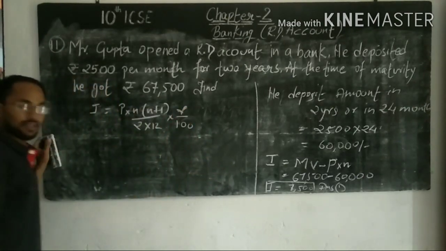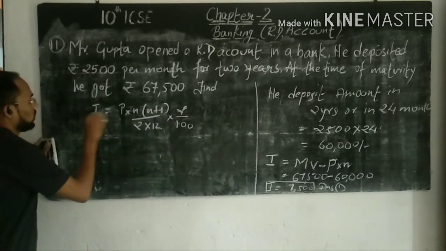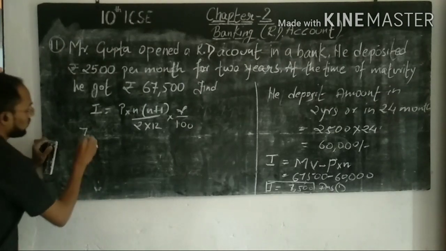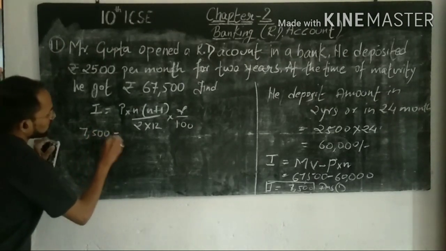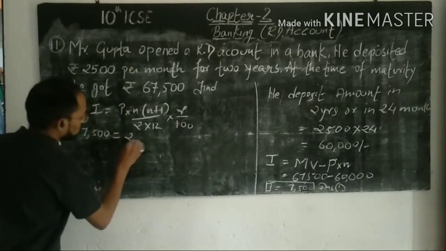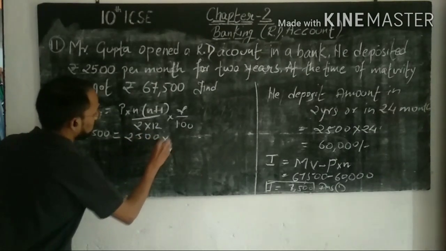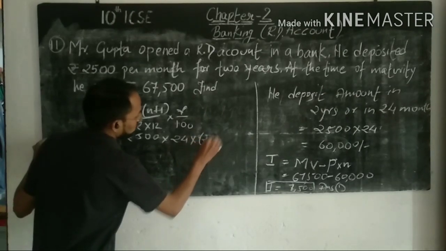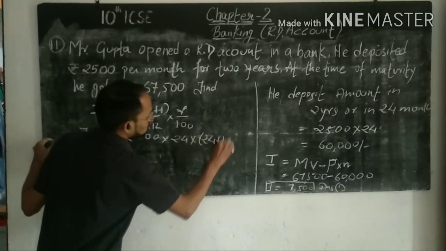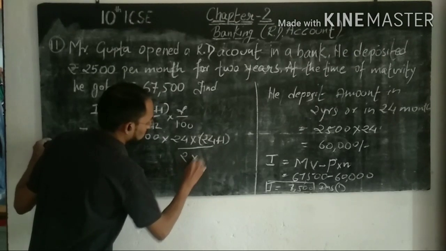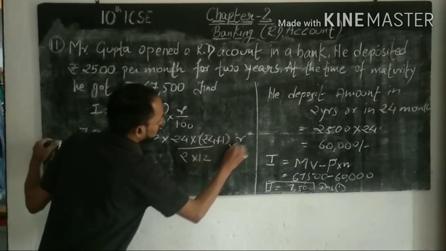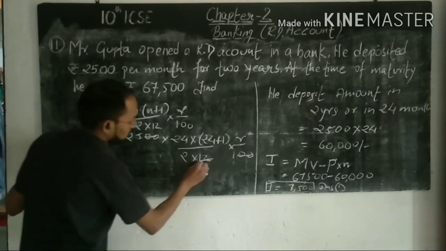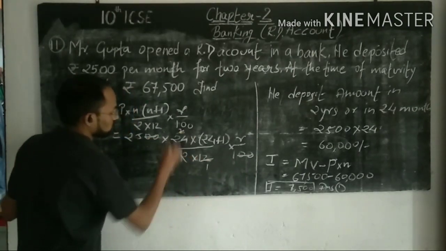Here we have to find the value of R. In place of I, we put the value of interest, which is 7,500, equals the principal, which is 2,500, into the value of n, which is 24, into 24 plus 1 divided by 2 into 12 and R by 100. These two zeros cancel these two zeros, and 12 cancels 12.